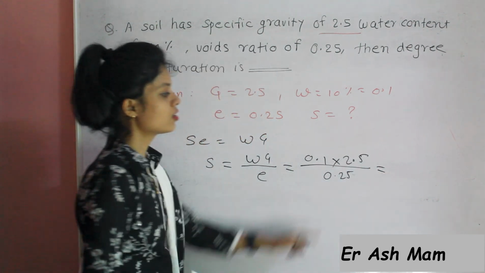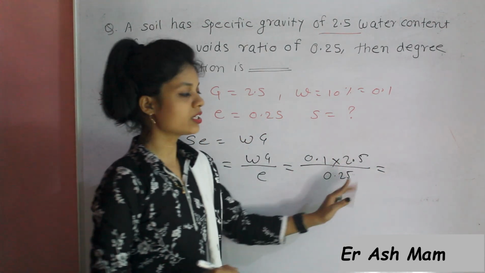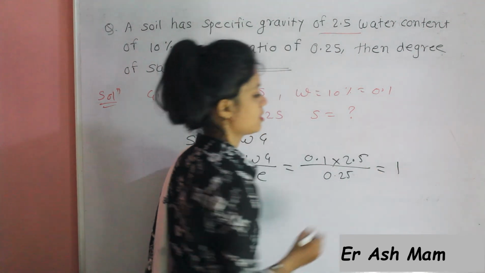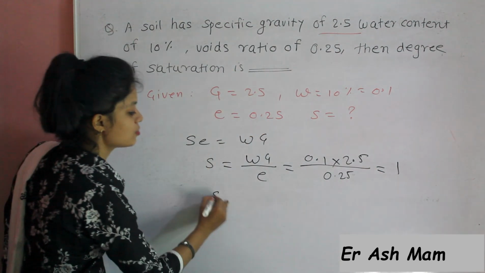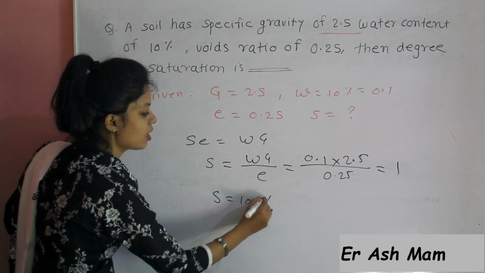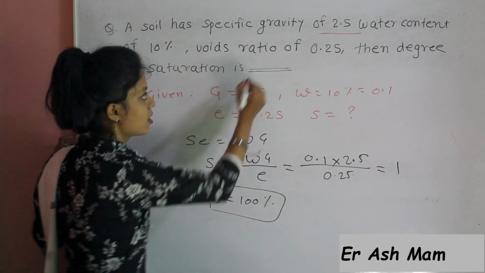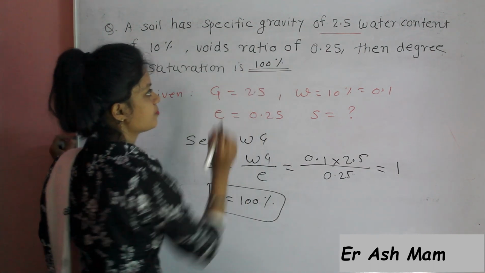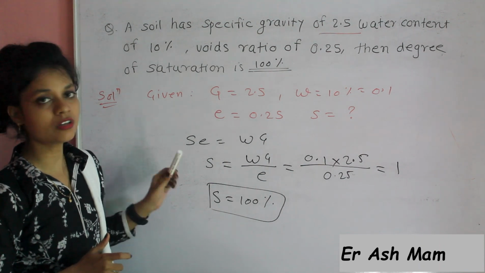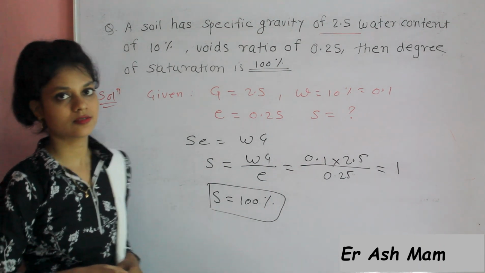The values are 5 upon 5. Therefore, S equal to 1 or 100%. Degree of saturation for given numerical is 100%.